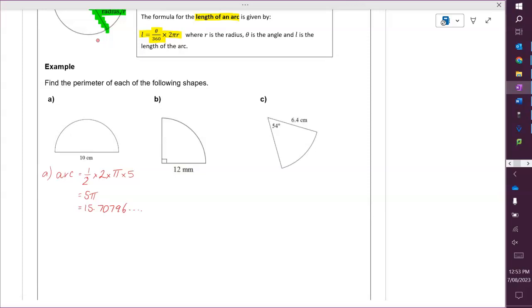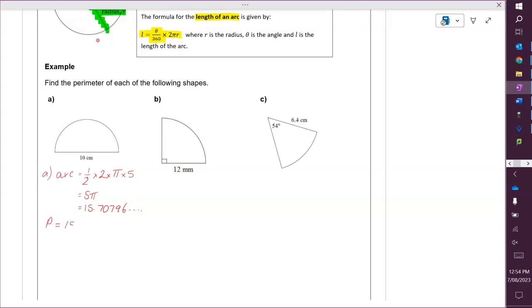With these, it's really important that if you've typed this in and you get to this answer, we don't want to round it just yet, because if we round it, it can make errors in the future. It might mean that our answers are out by 0.1 or 0.2. So it's either keep it as 5 pi or don't clear your calculator, and you can just then do the next part by adding on to this number here. So what I then need to do is find the perimeter.